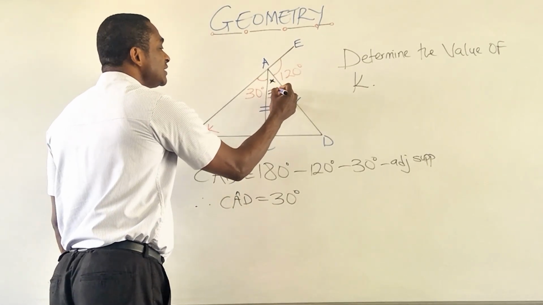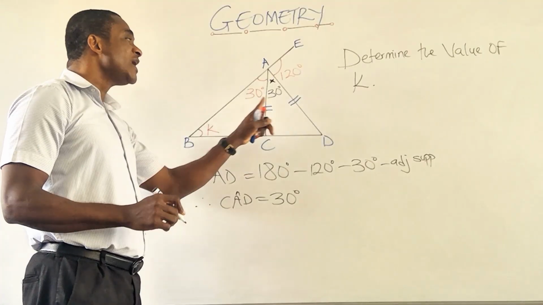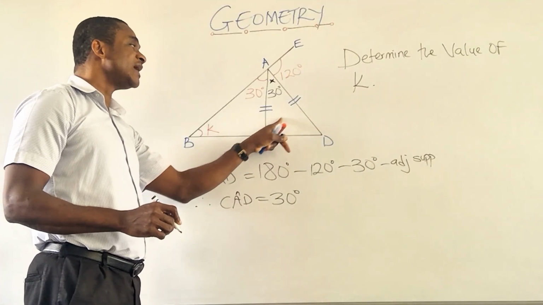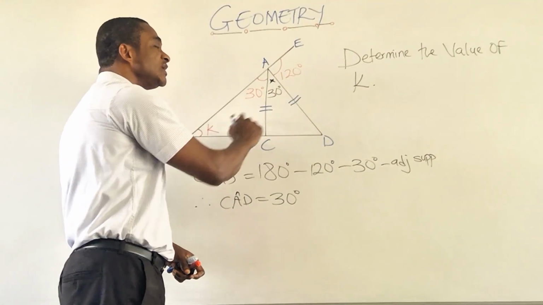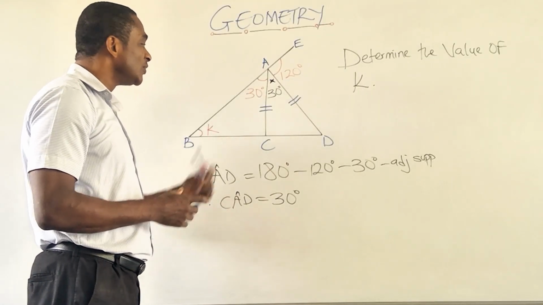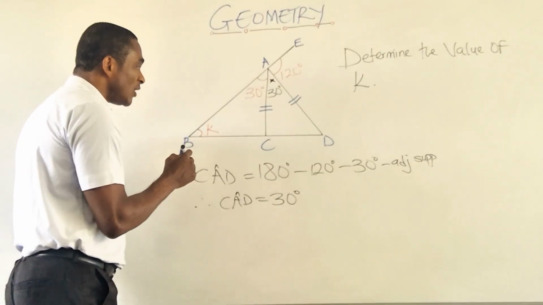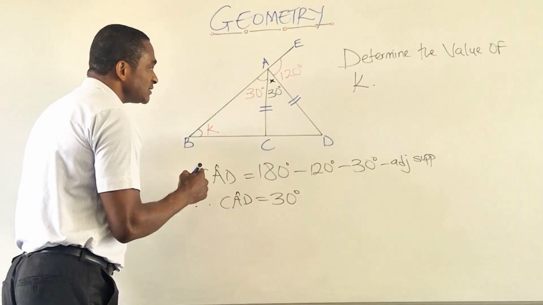So this angle is 30 degrees. With that, we note that this is an isosceles triangle because the opposite lengths are equal, so their base angles will also be equal. So we can go on and take that initiative.